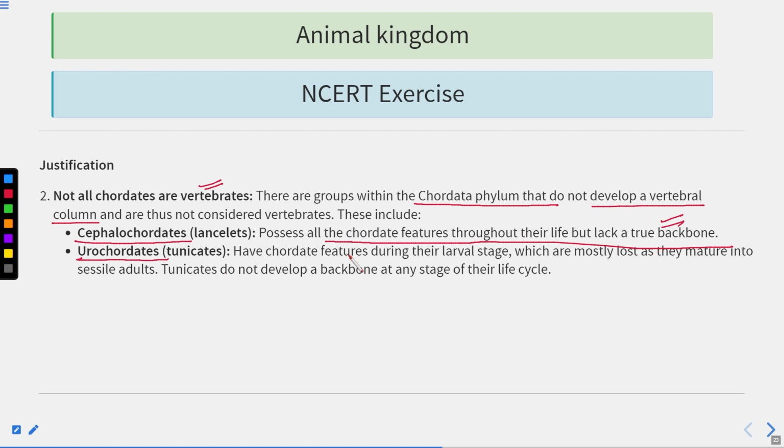Urochordates, tunicates, have the chordate features during their larval stages, which are mostly lost as they mature into adults. So tunicates do not develop a backbone at any stage of their life cycle. That is why cephalochordates and urochordates are chordates, but they are not vertebrates, right?